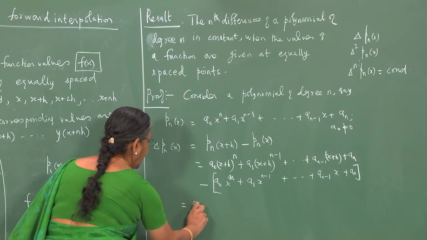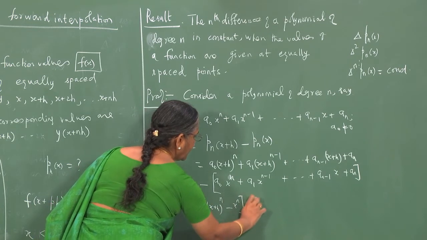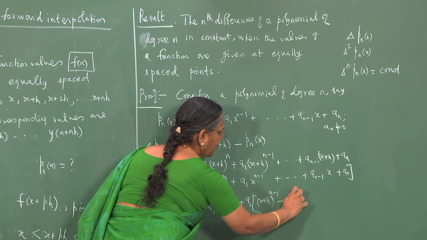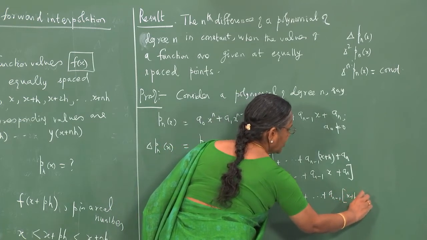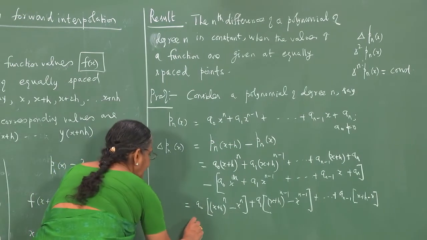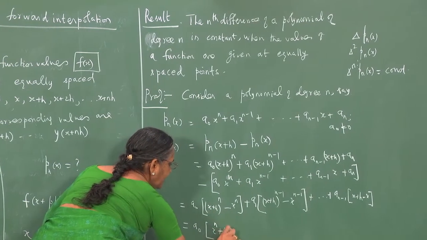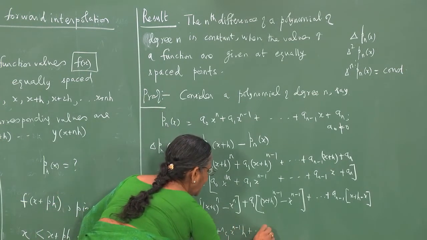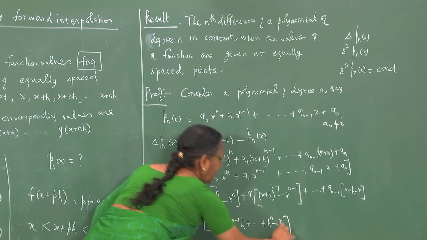So, this gives you a naught into x plus h to the power of n minus x power n plus a 1 into x plus h power n minus 1 minus x power n minus 1 plus etc. plus a n minus 1 into x plus h minus x, and a n gets cancelled. So, let us use binomial theorem and expand. This is x power n plus nc1 into x power n minus 1 into h plus etc. The last term will be ncn into h power n, minus x power n.